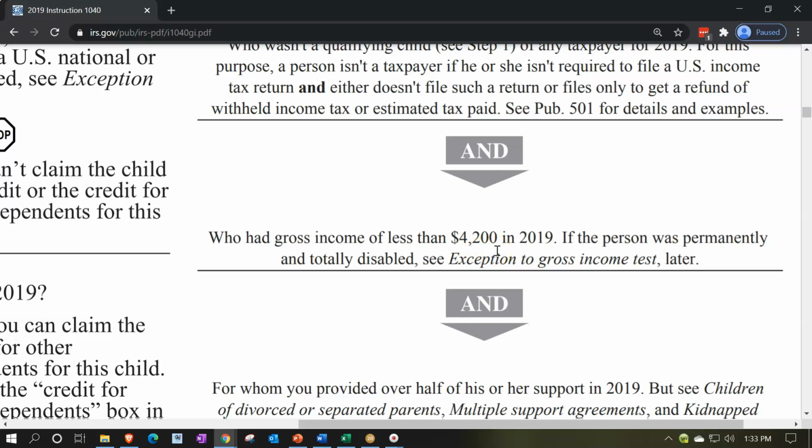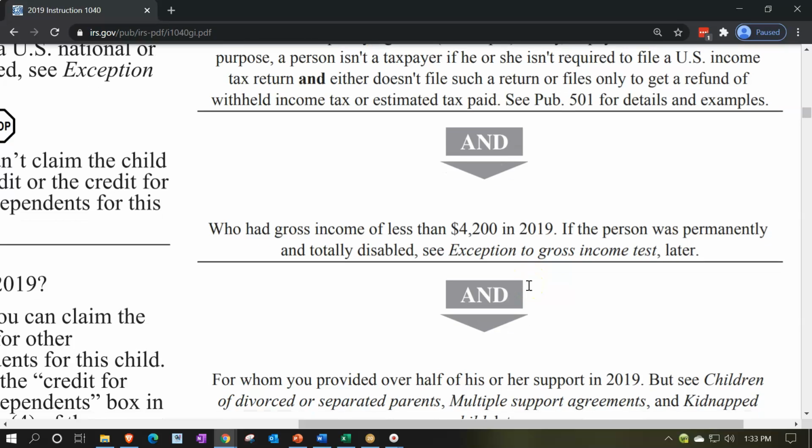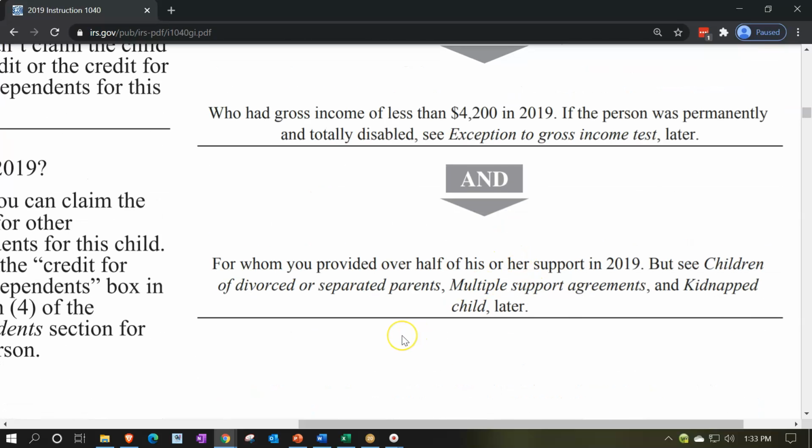But again, on the income threshold, if the person was permanently or totally disabled, see exceptions to the gross income test later. And for whom you provided over half of his or her support in 2019. Again, you would think it would be similar for 2020, but see children of divorced or separated parents, multiple support agreement, and kidnapped child later.